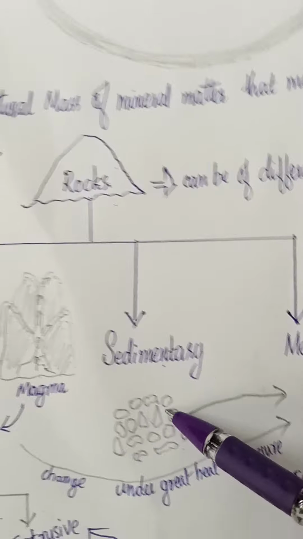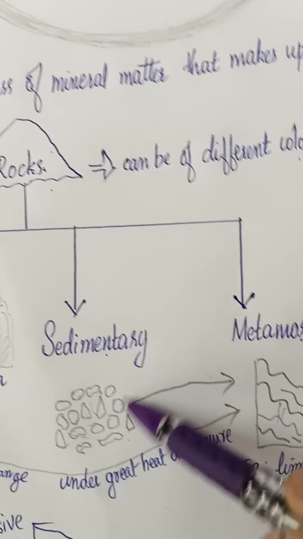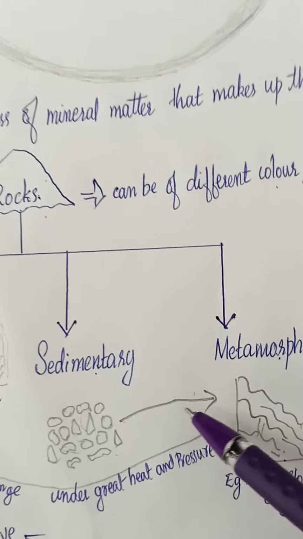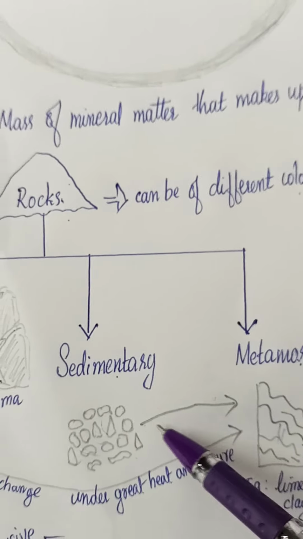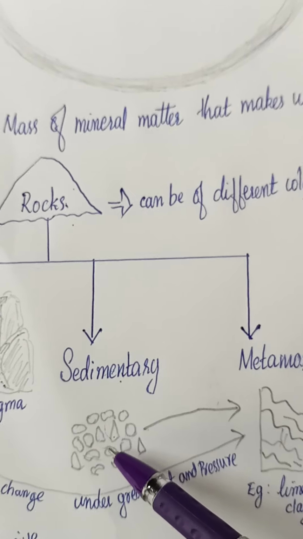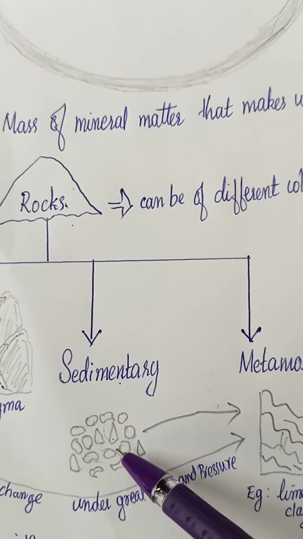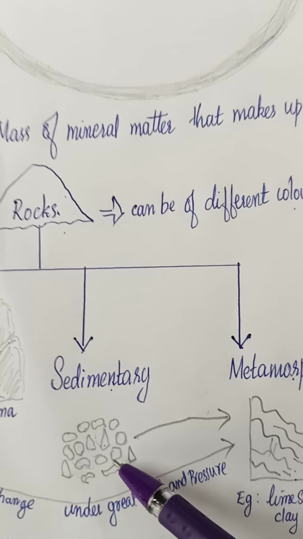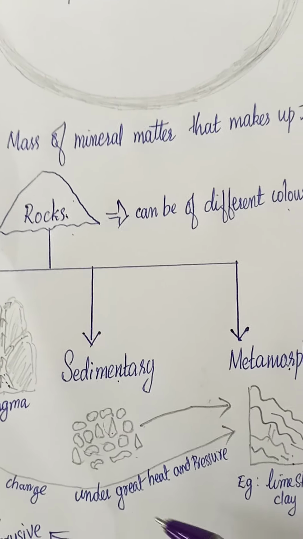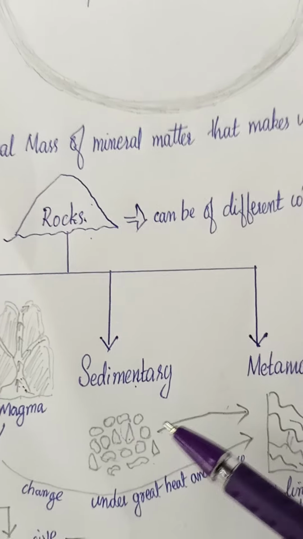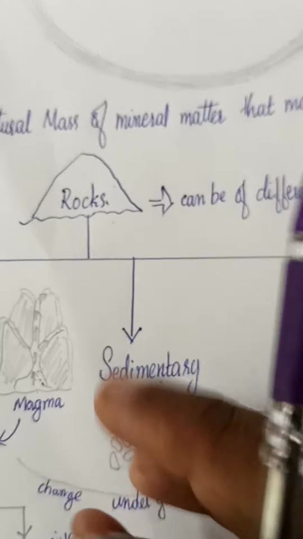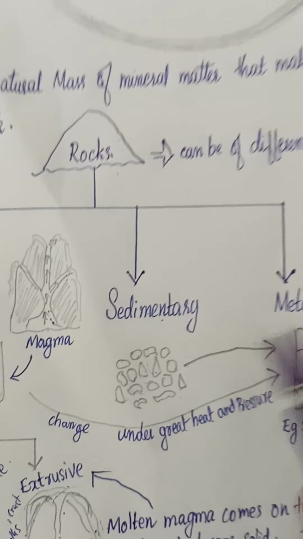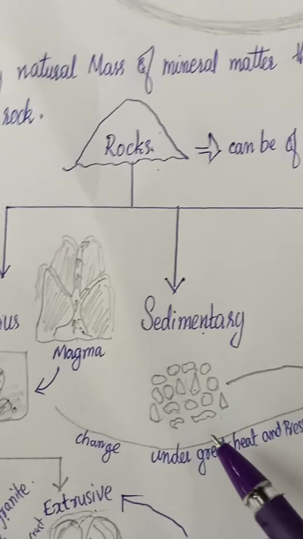These smaller particles are called sediments. They are transported and deposited by wind, water and so on. These loose sediments are compacted and hardened to form layers of rock, called sedimentary rocks. So you understood what sedimentary rocks are.